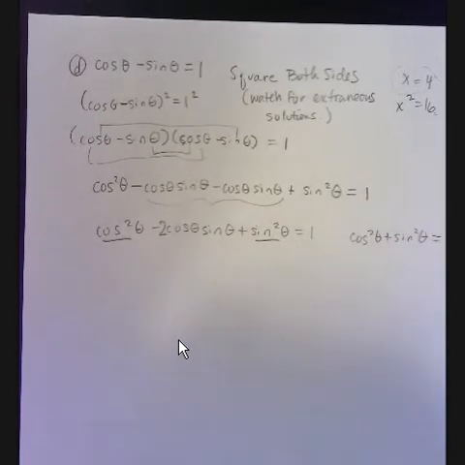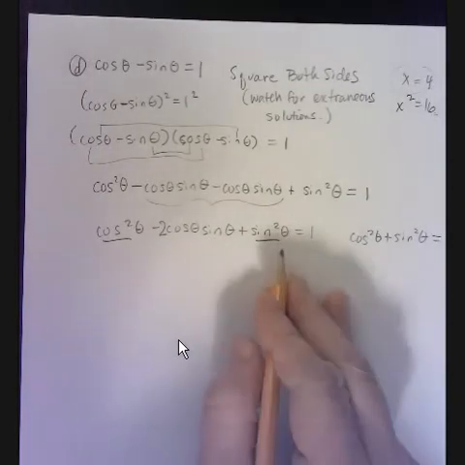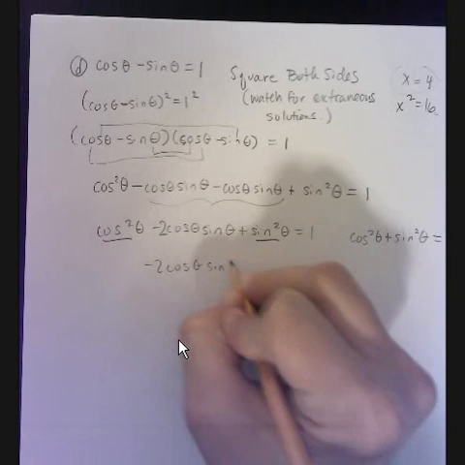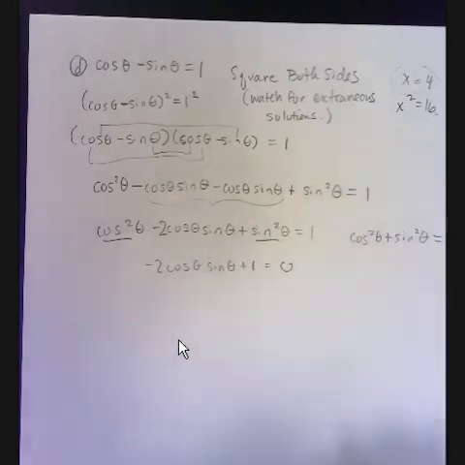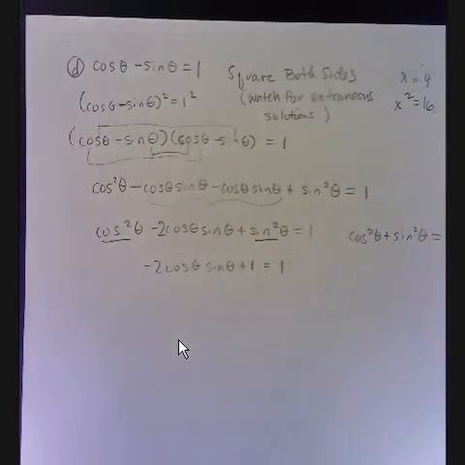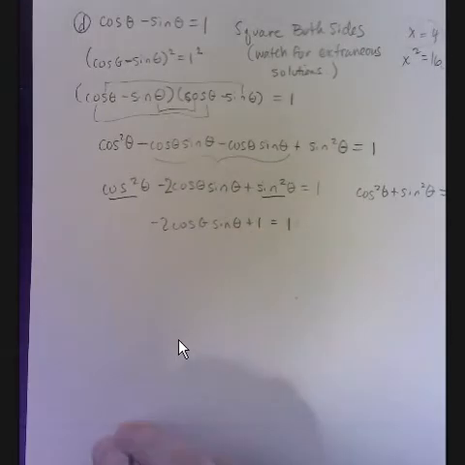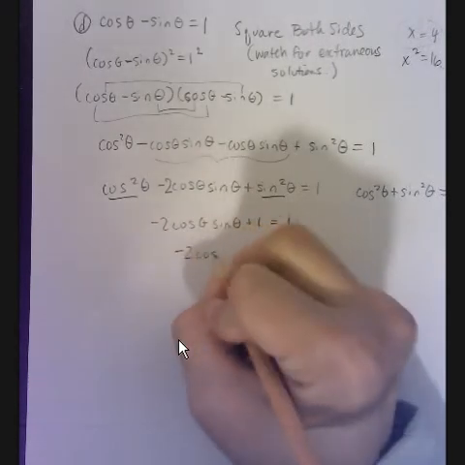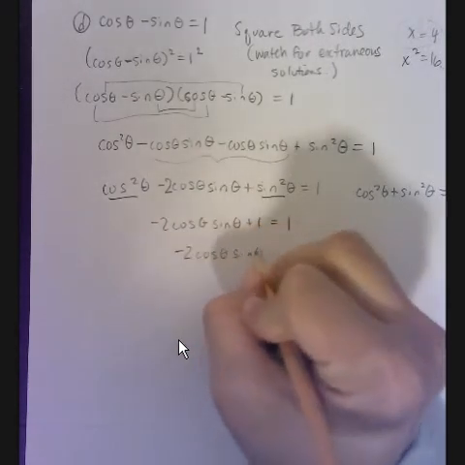So we're going to replace that with 1. That equals 1. So then when you subtract 1 from both sides, those will cancel, and we just get negative 2 cosine theta sine theta equals 0.